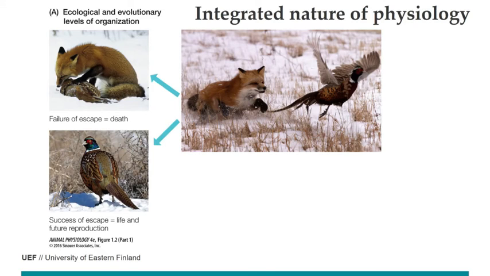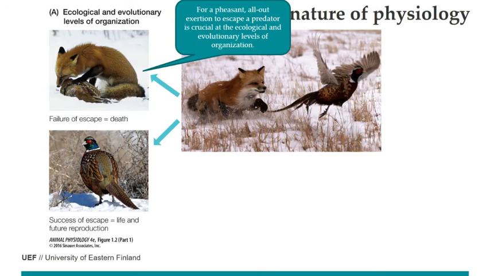If they succeed, their genes will be delivered to the next generation, and the next. The offspring will have the genes that gave the possibility to escape. That's why, for this pheasant, all-out exertion to escape is crucial at the ecological and evolutionary level of organization.